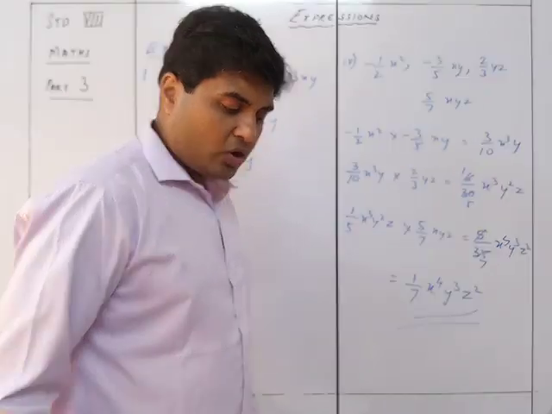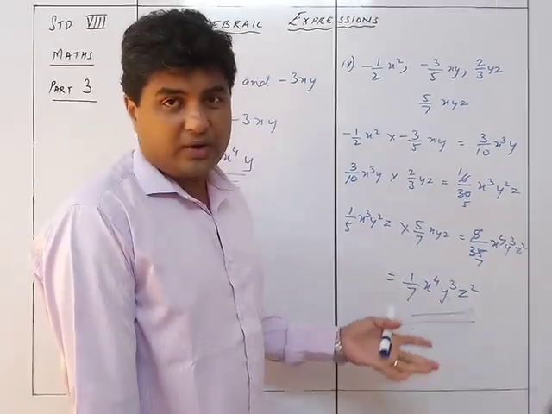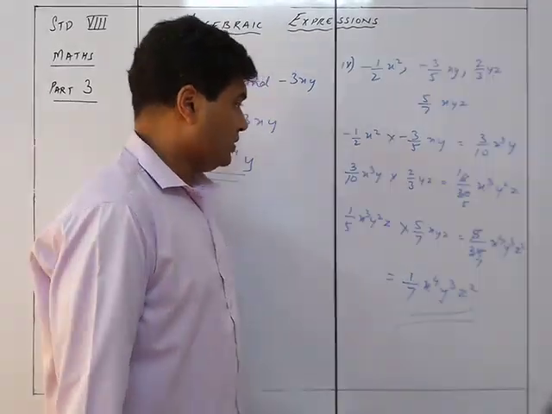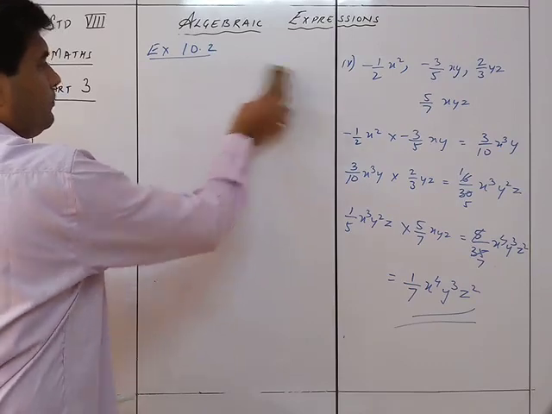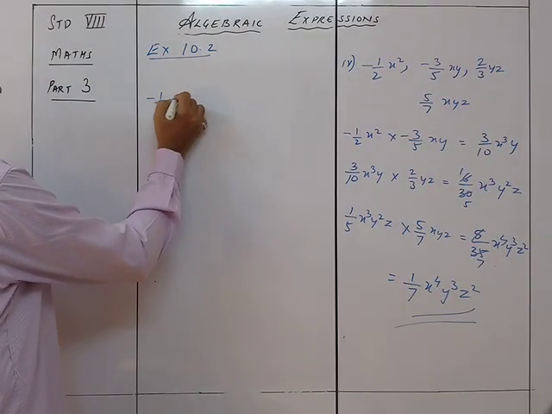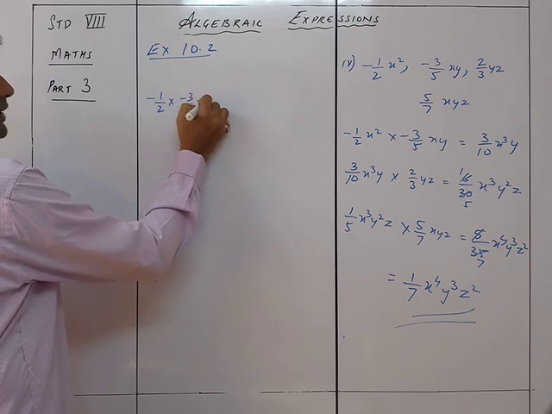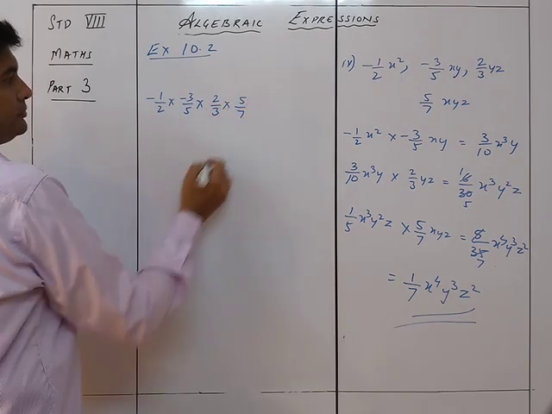You may call it a longer method because we have taken it all separately, or if you want you can combine it all together also. So in case of a combination you can do the same sum in this manner. You will have it this way: minus 1 upon 2 into minus 3 upon 5 into 2 upon 3 into 5 upon 7.